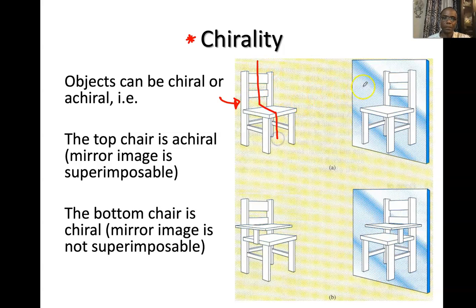If you place it in front of a mirror, the image too can be cut into equal halves. If I take a half from here and a half from here, I'm going to get that chair. So this chair right here is achiral. The reason being, it can be cut into equal halves and it's superimposable.